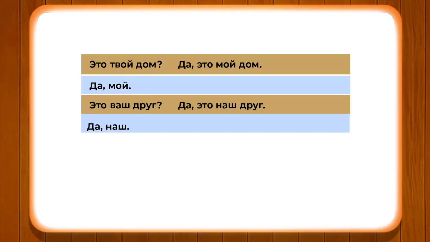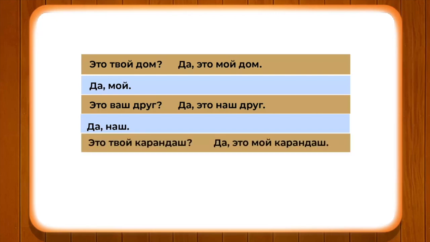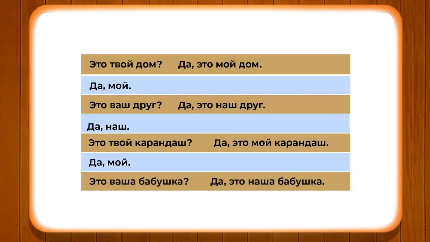So, the use of personal pronouns. Okay, now let us look at a few more such examples. Это твой карандаш? Да, это мой карандаш. Да, мой. And the next sentence is, это ваша бабушка? Да, это наша бабушка.